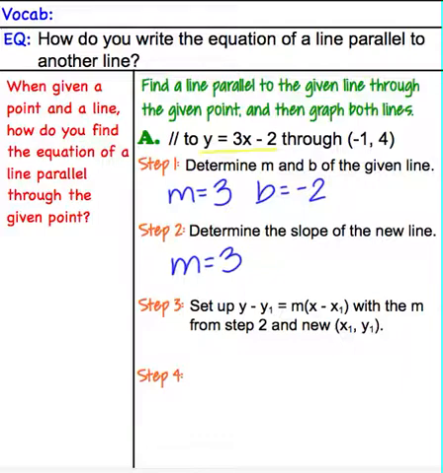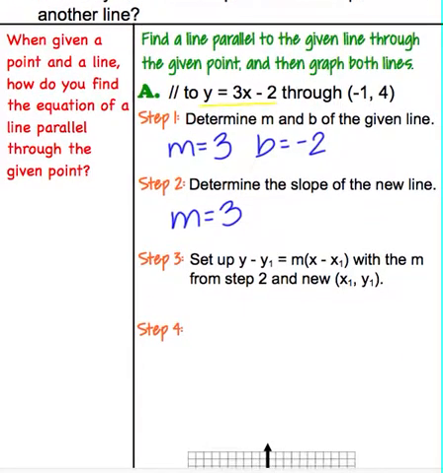So in our case, we have y minus y1, and y1 is 4, so y - 4 is equal to our slope, which is 3, times x minus our x1, which is -1, so minus a negative is positive 1. So now we've got our point-slope form.